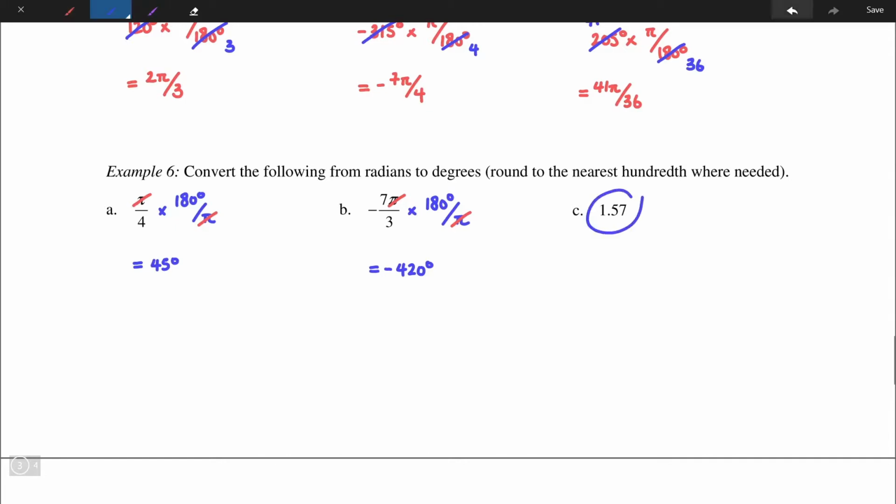Notice here this is not written in terms of pi, but the same rule applies. So multiply by 180 degrees divided by pi. Need to use a calculator in this case, and we'll get 89.95 degrees, which is very close to 90 degrees since 1.57 is very close to pi over 2.